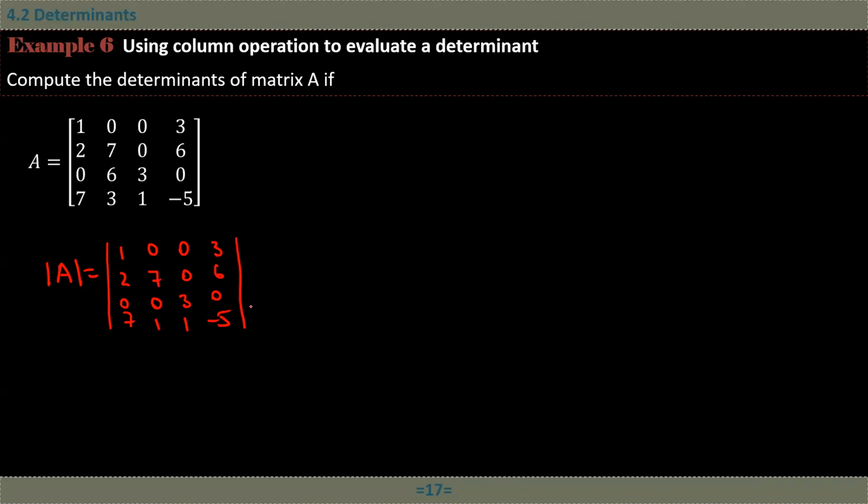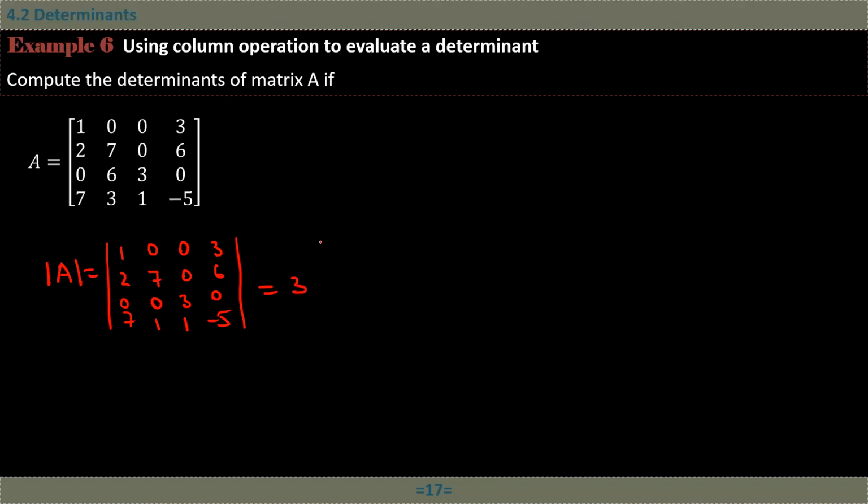As you see here, the second column, okay, not the second column. Can I create more zeros here? How can I do that? Okay, no need. So here, the third row, as you see, the 3 is a common factor.